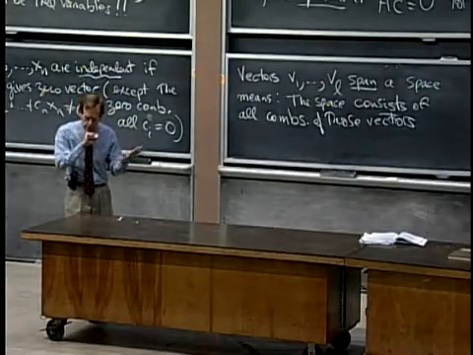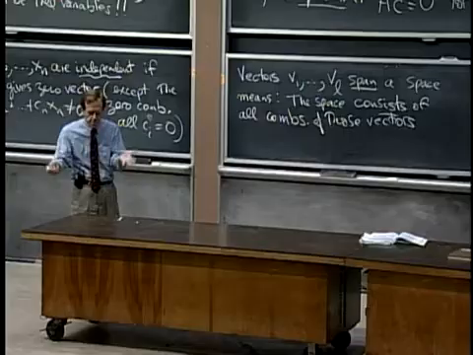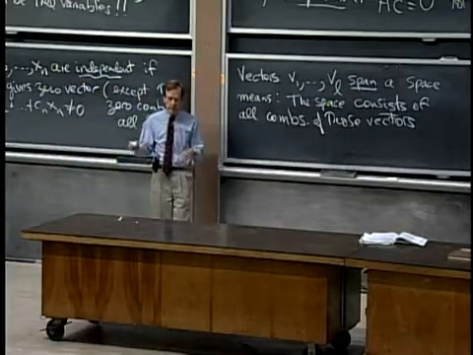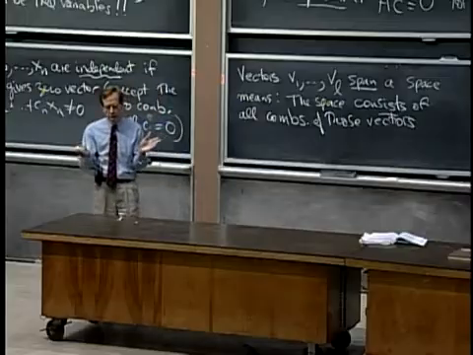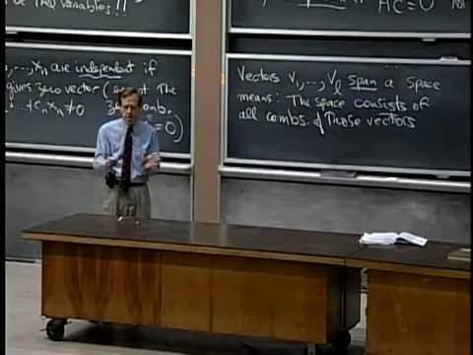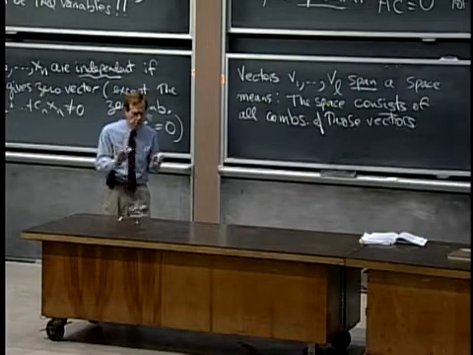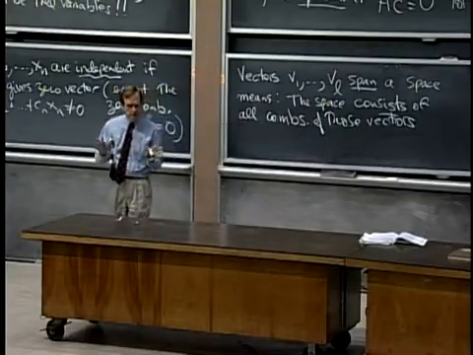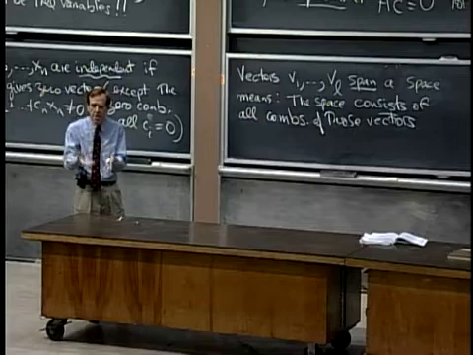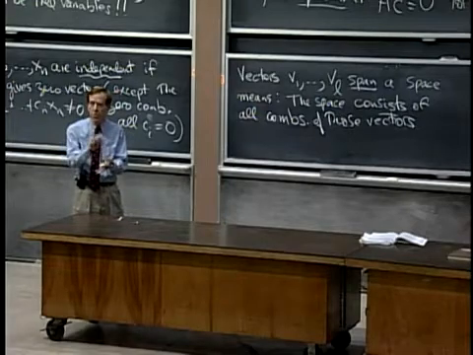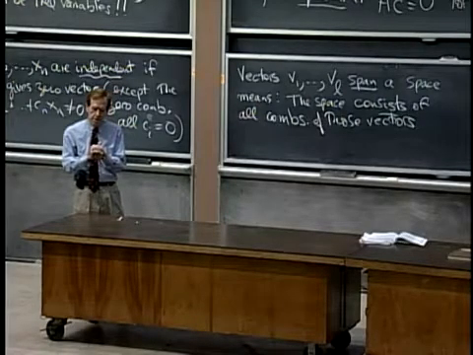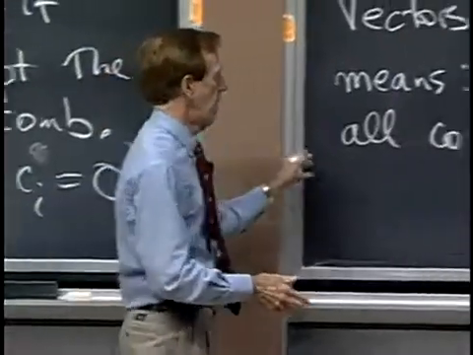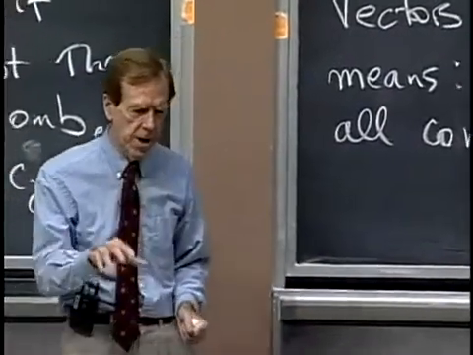So remember, it's a bunch of vectors that have this property that they span a space. And actually, if I give you a bunch of vectors and say, okay, let S be the space that they span, in other words, let S contain all their combinations. That space S will be the smallest space with those vectors in it, right? Because any space with those vectors in it must have all the combinations of those vectors in it.